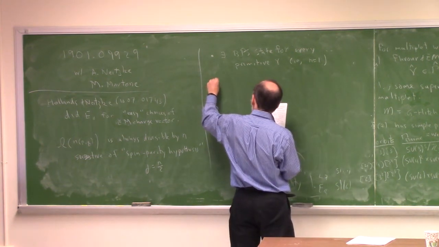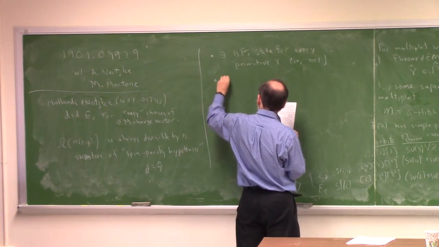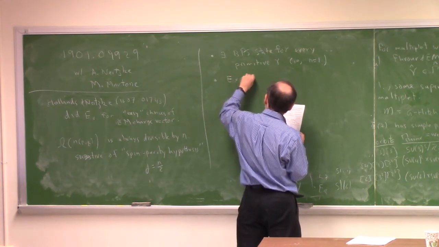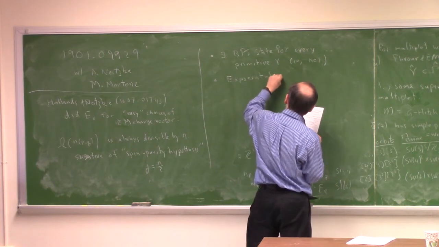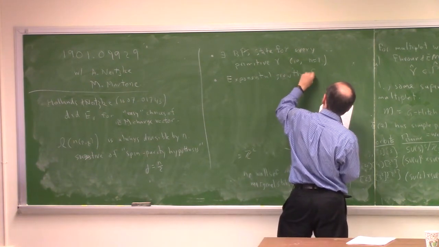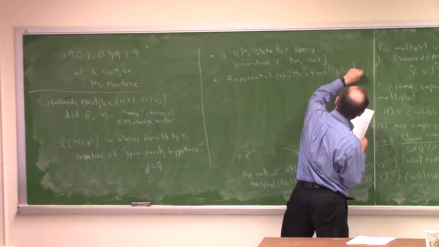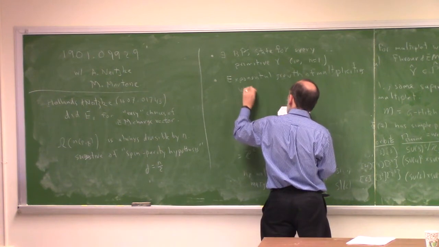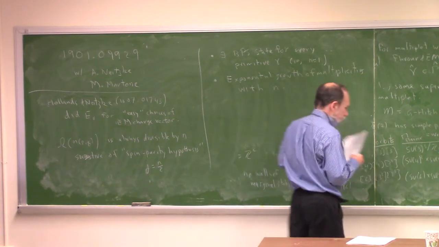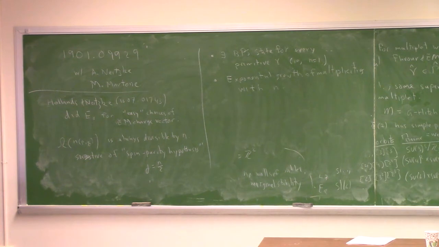And they also observed an exponential growth of the multiplicities with n. So again, they couldn't examine very many primitive vectors. 1, 0 is easy, 1, 1 is a little bit harder, things get rapidly more and more difficult. But all of the ones that they did examine had these properties.